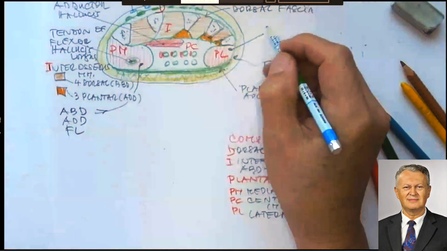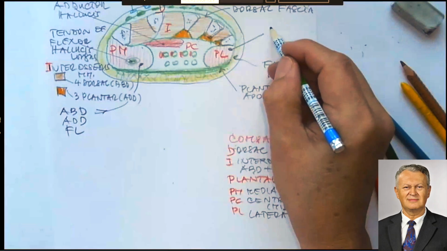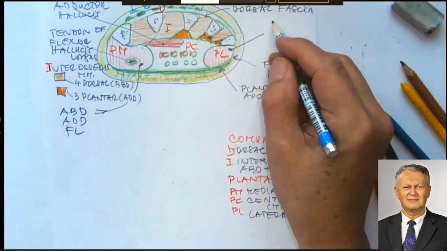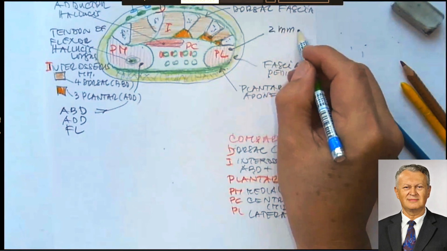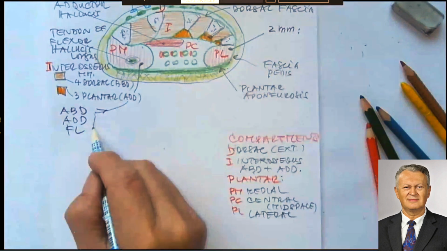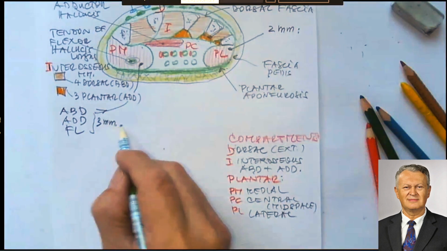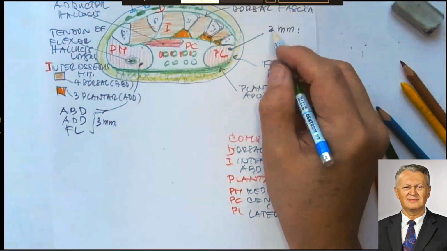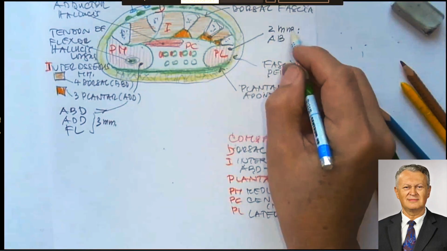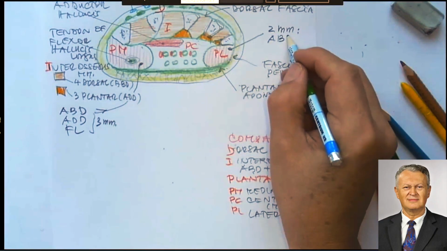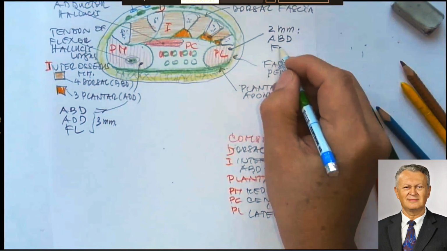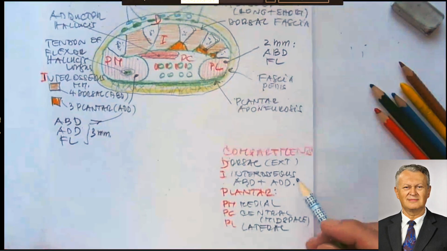While this lateral compartment contains muscles which are the abductor digiti minimi and flexor. So there are two.